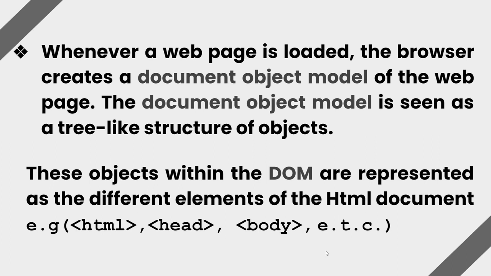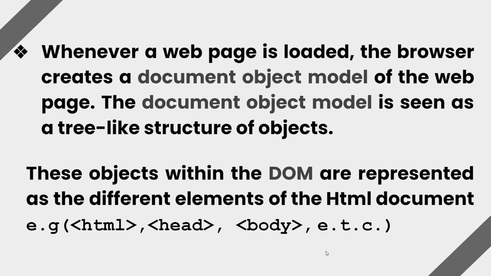Now, the document object model is like a structure. Like I said, it's a tree-like structure. It's in the form of a tree, and we all know how a tree actually looks. It just has a particular starting point, and then it spreads into different branches. So that's how the document object model actually appears to be.